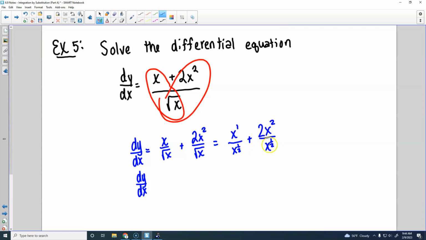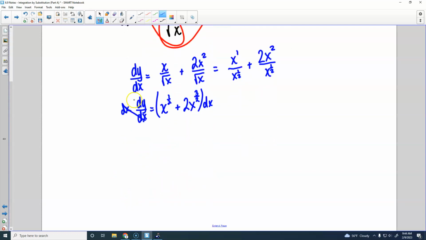So fractional exponents, you're going to subtract those exponents. So you're getting x to the 1/2 power plus 2x to the 3/2 power there. And then technically you've got to multiply both sides by dx there. And then you are integrating both sides.